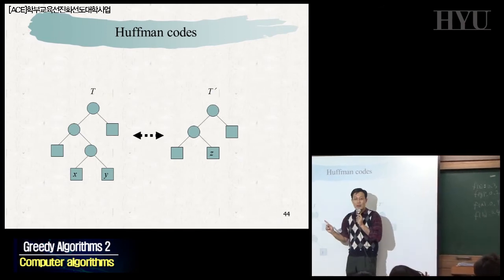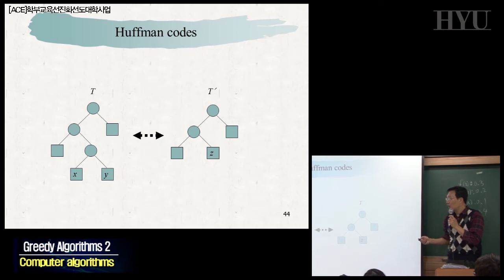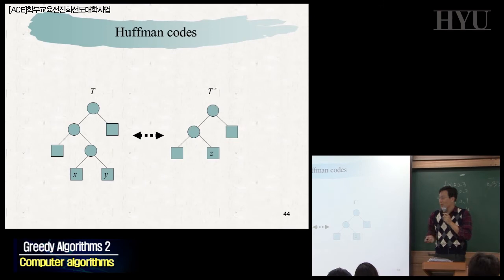So we are going to find an optimal prefix code and prefix tree t with 4 characters. And then we know that x and y are siblings. So we merge x and y and create a subtree like this and replace it with z. Then we apply the same algorithm recursively with only these 3 leaves.